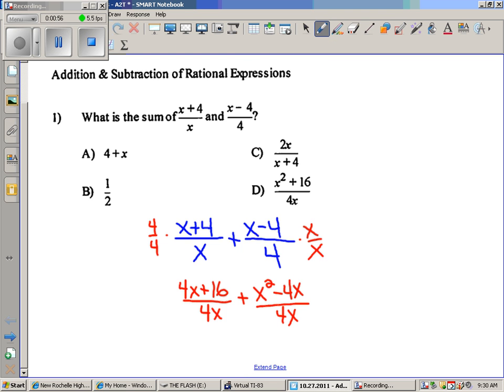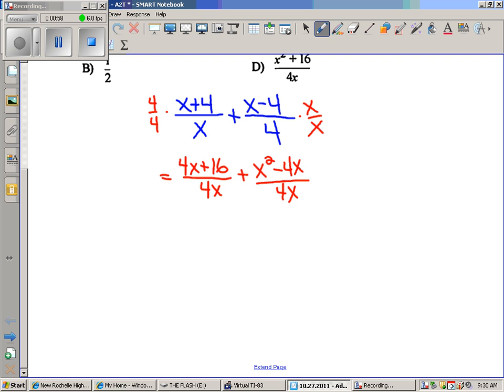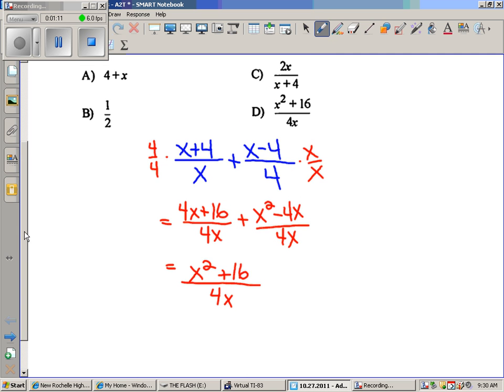Yeah? And then we're going to combine them, so it's going to be x squared plus 16 all over 4x. Yep. That's that one. You good?